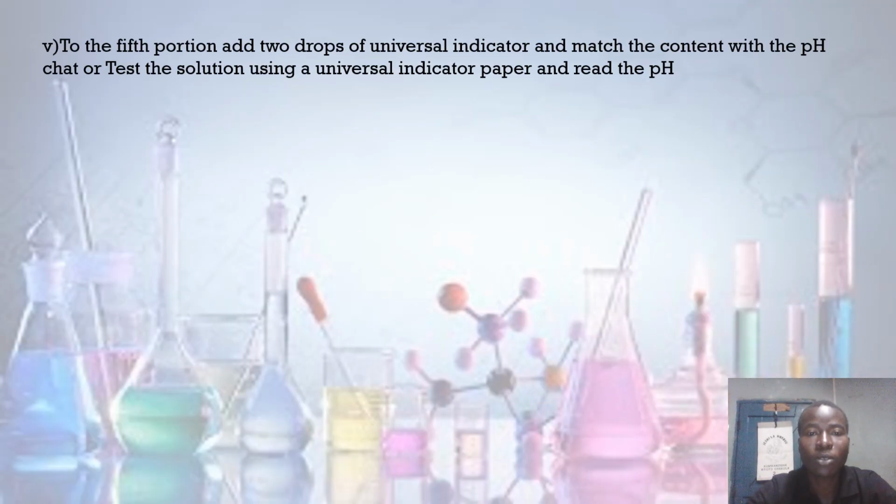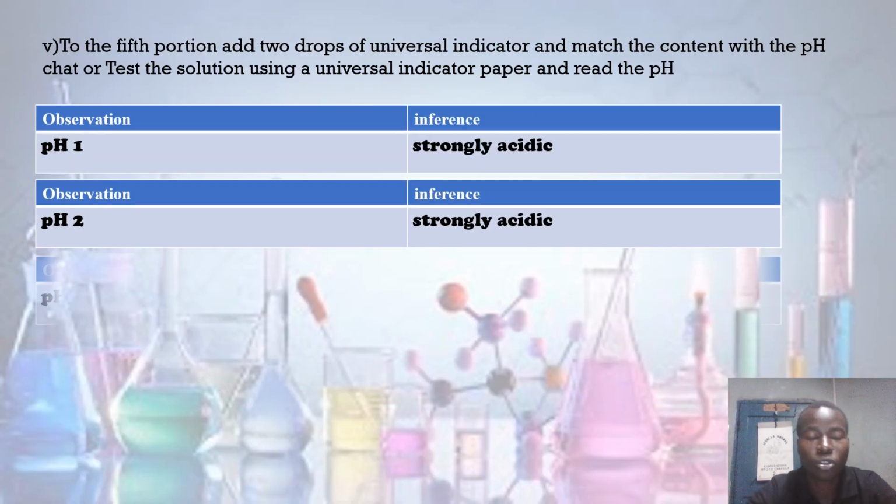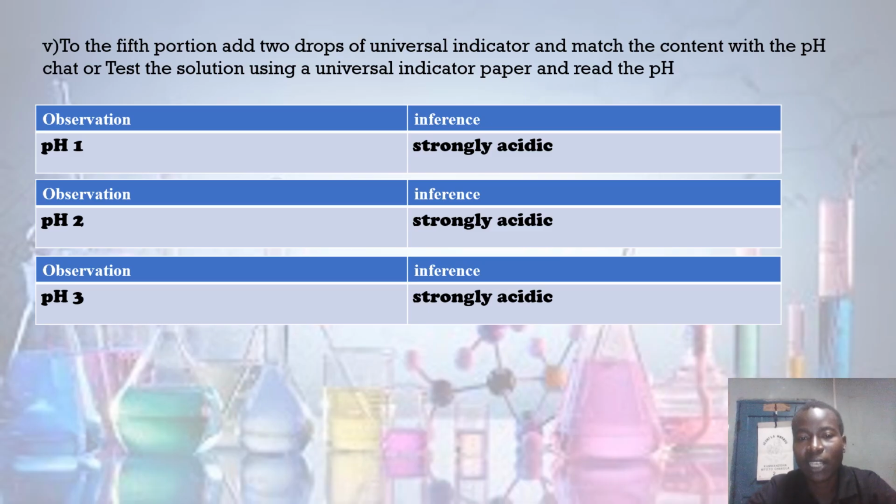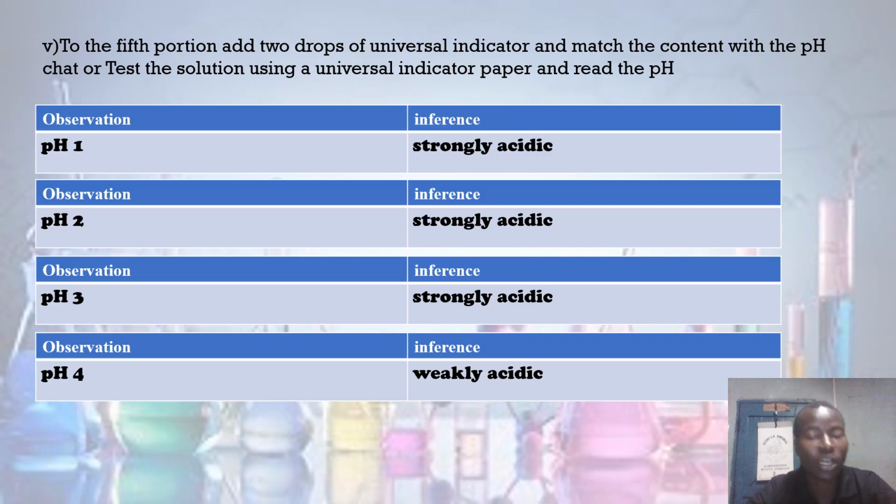Next, we have the use of the universal indicator, just like in the other case where we were having inorganic chemistry. pH1, pH2, and pH3 implies that the solution is strongly acidic. And you should remember, you don't write all the observations. You can either see pH1 or pH2 or pH3 or pH4. You cannot see all of them at the same time.